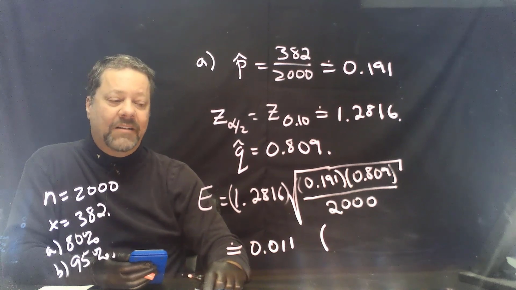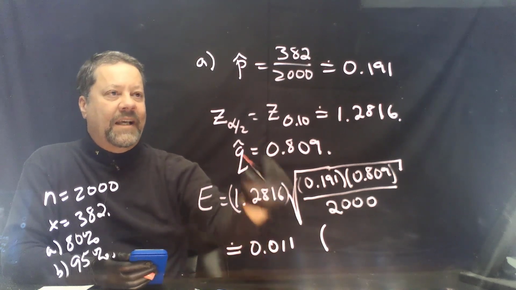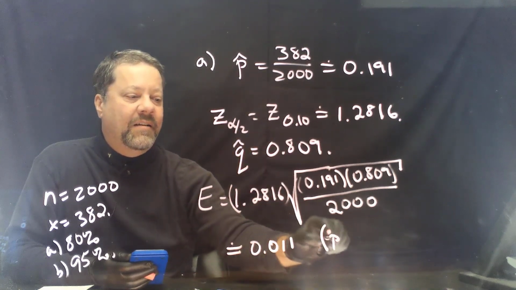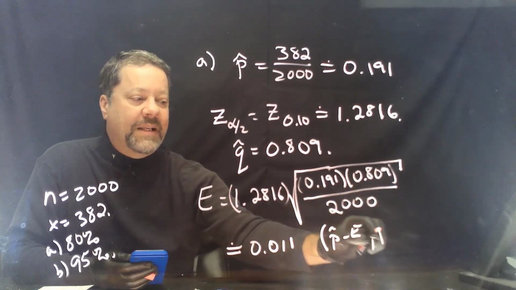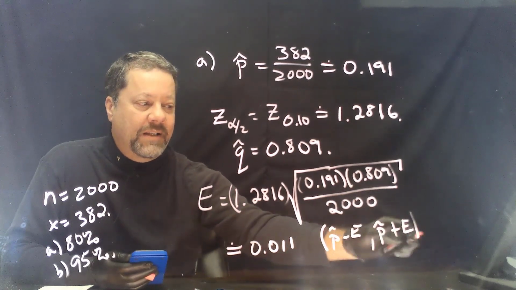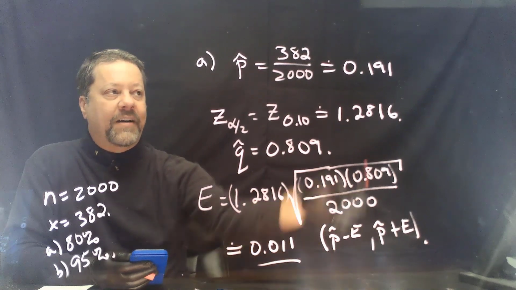Now, to calculate our confidence interval, we'll take p hat minus e to p hat plus e, where e is our margin of error.